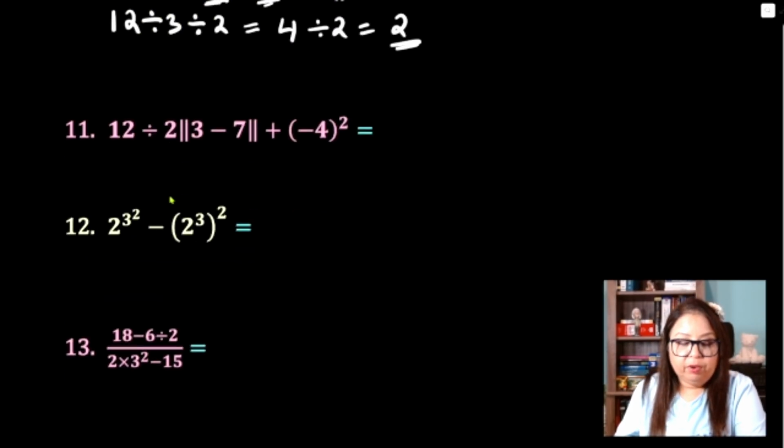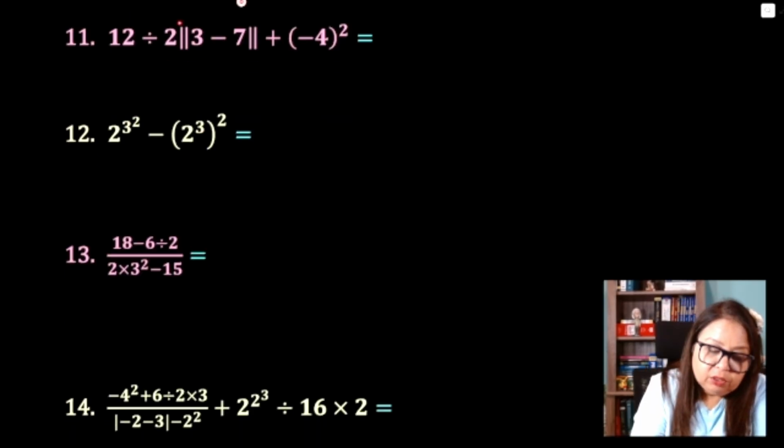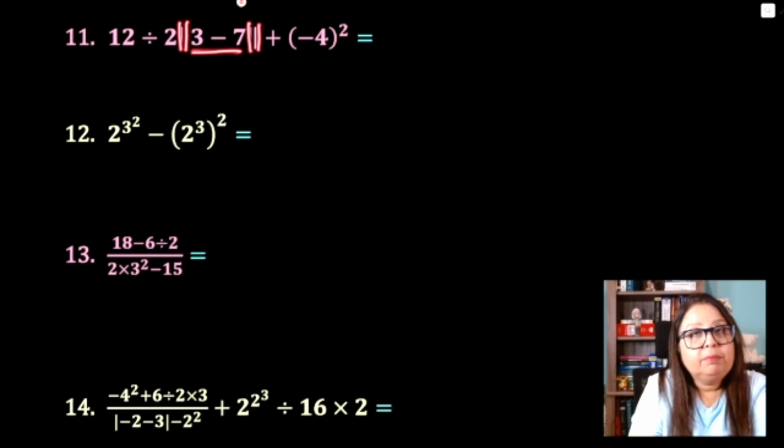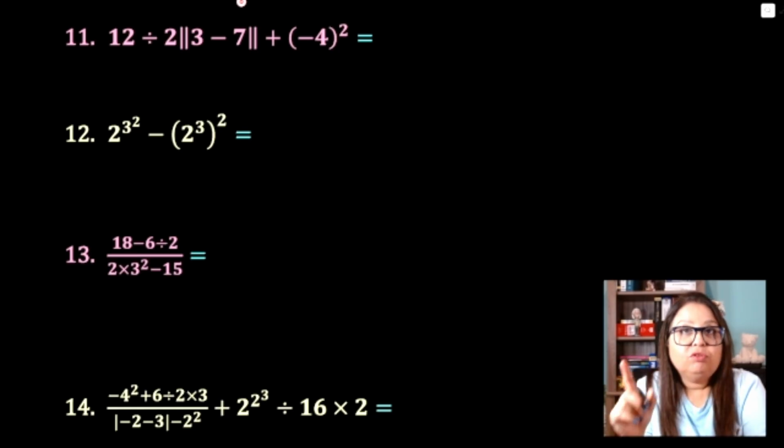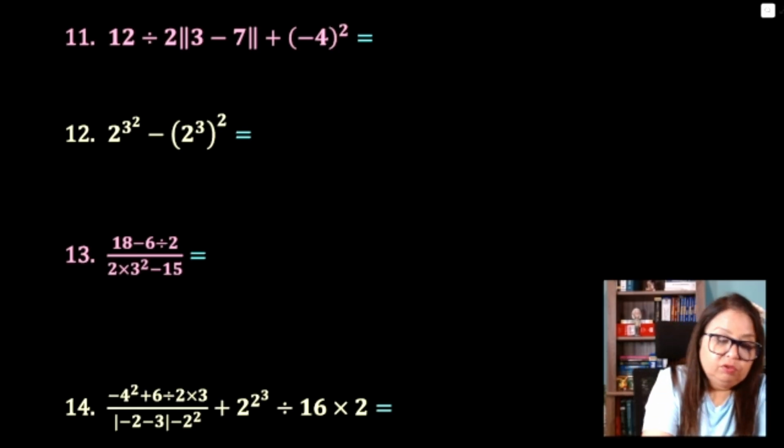Moving on to number 11. I hope that you know that these two vertical lines on either side of 3 minus 7 mean the magnitude, or the absolute value, of 3 minus 7. And just like parentheses, these should be performed first. So what do we get?